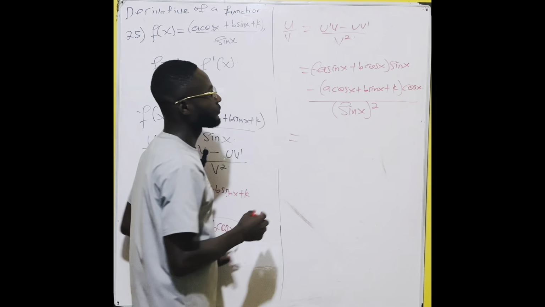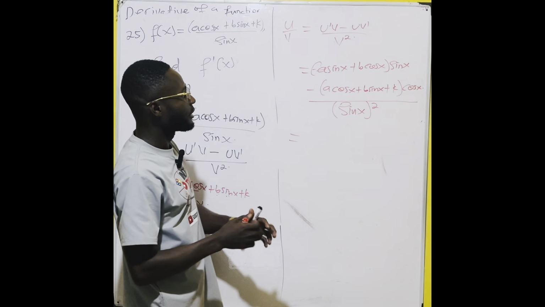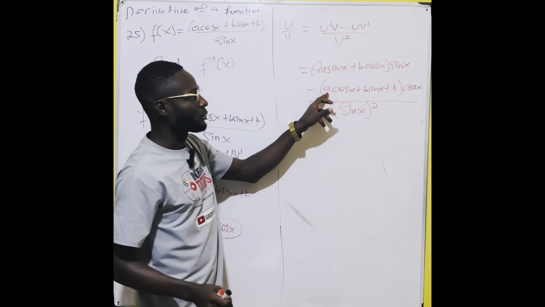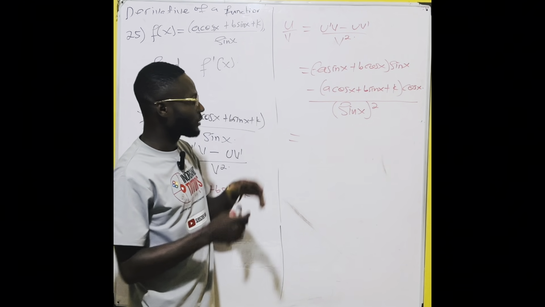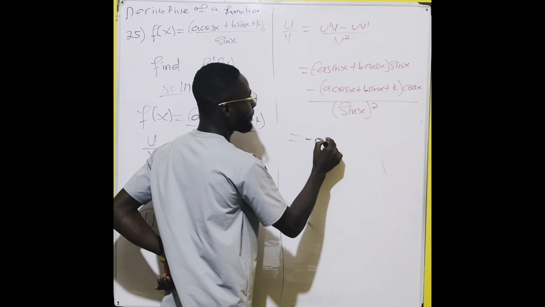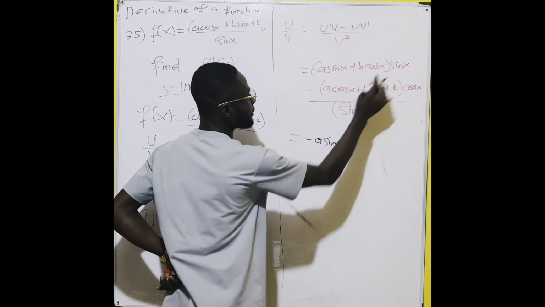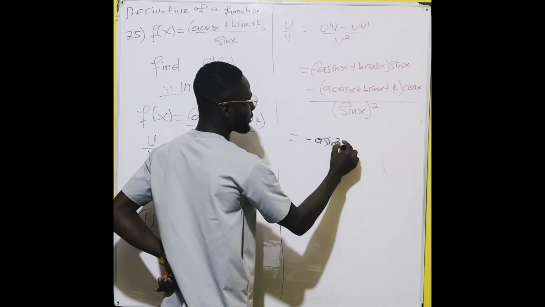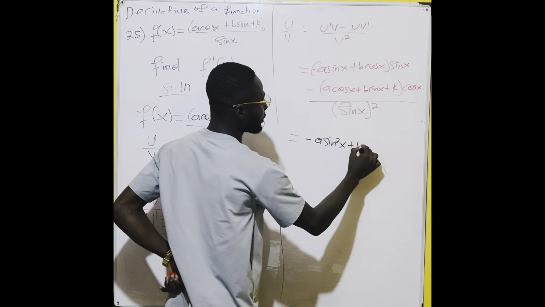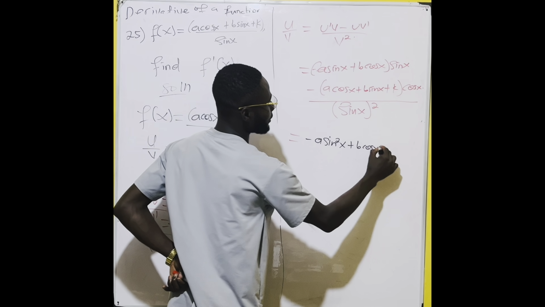Right? So we can expand this bracket, and we can expand this as well. So let's try to do that. We're going to have negative a sine x times sine x, which becomes negative a sine squared x, plus b cos x sine x.